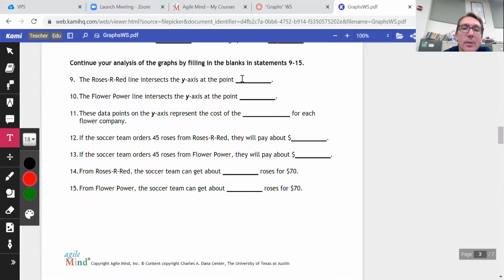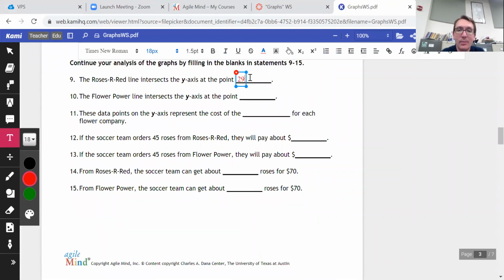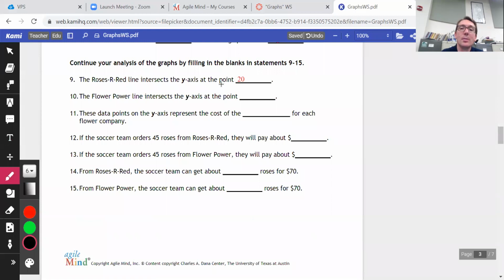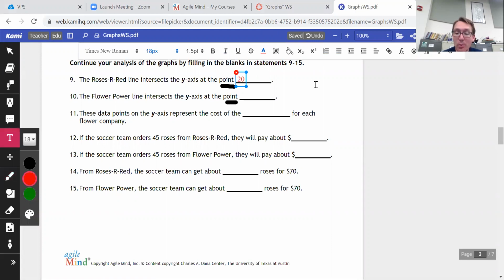Now, here's a weird thing. Usually we just write 20, right? It crosses at 20, but it says at the point. That's an important thing to notice, point. Whenever we say point in algebra, we're talking about an actual point on the graph. This is just a number. So whenever it asks for a point, we're going to give it a point.